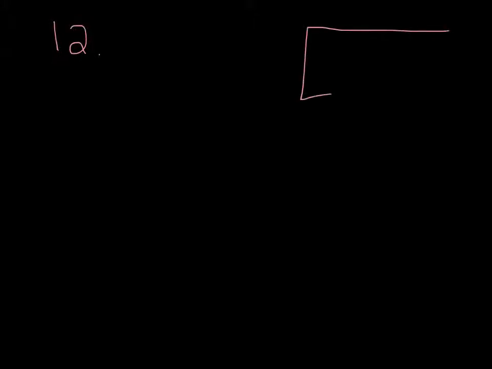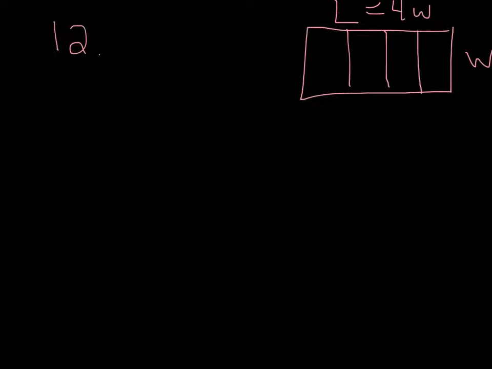Number 12 gets a little bit more tricky, and I give you a diagram there to help you out. The diagram says your length is 4W, and your width is W. W stands for width. So the length is 4 times the width. So here's kind of how it looks. I know it's not to scale, but you have to deal with it. Alright, so 12 says, if the perimeter is 30 feet, then find the width.